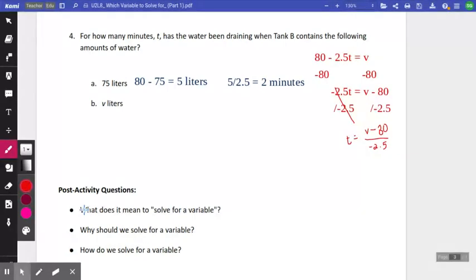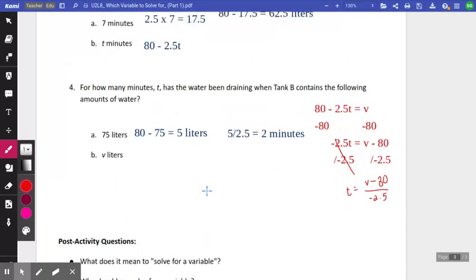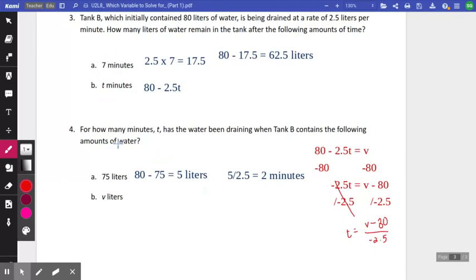Now, why should we solve for a variable? Why would we want to do that? Well, depending on what the question is asking you to find, and what information you're being given, some of these equations make the calculations a lot easier to do than others.